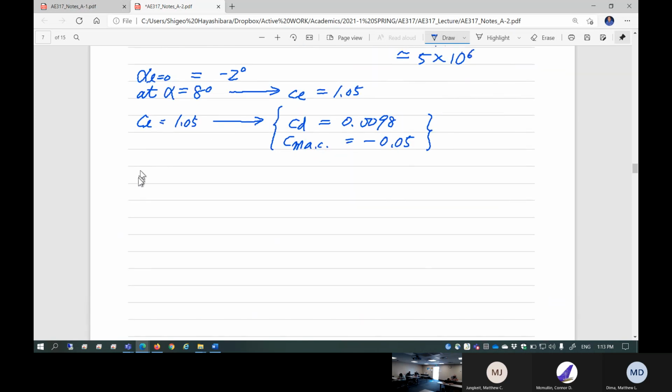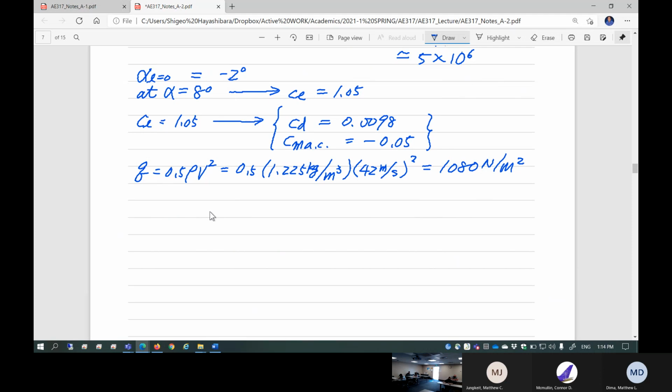Now, the dynamic pressure Q is 0.5 rho V squared. So this is 0.5 times 1.225 kilogram per cubic meter times 42 meters per second squared, about 1,080 Newton per meter squared.